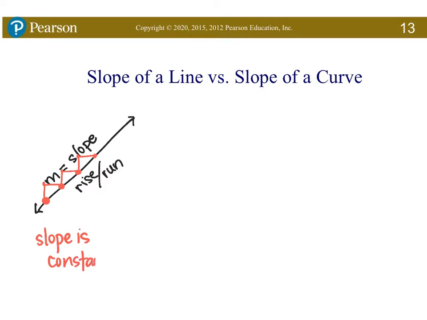Now with a curve, the slope is no longer constant. So let's look at a curve like this. If we try to determine the slope by doing the rise over run, the next time we do it, it changes. And then it becomes really small.